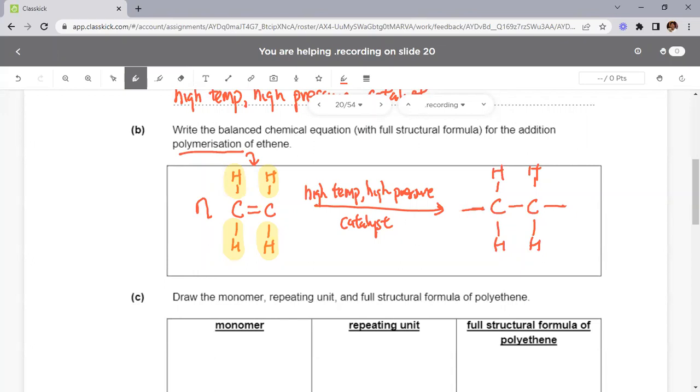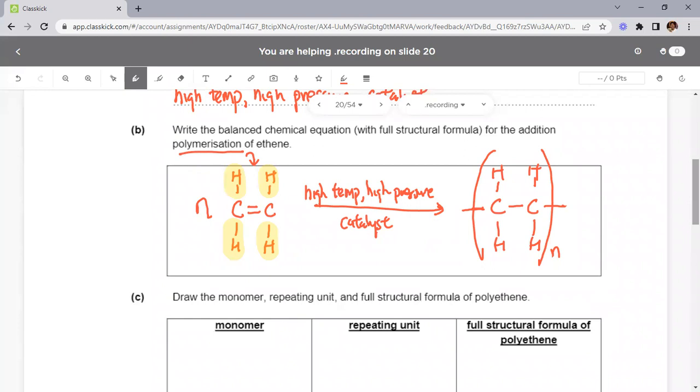By breaking the bond in the middle, they can now extend towards the side. So this one can bond with another ethene to the left side, to the right side. I put a bracket with n here to show that to form the long chain, I just have all my ethenes side by side, and they will form that long chain when the double bond breaks under high temperature, pressure, and in the presence of a catalyst. So this is how the reaction looks.